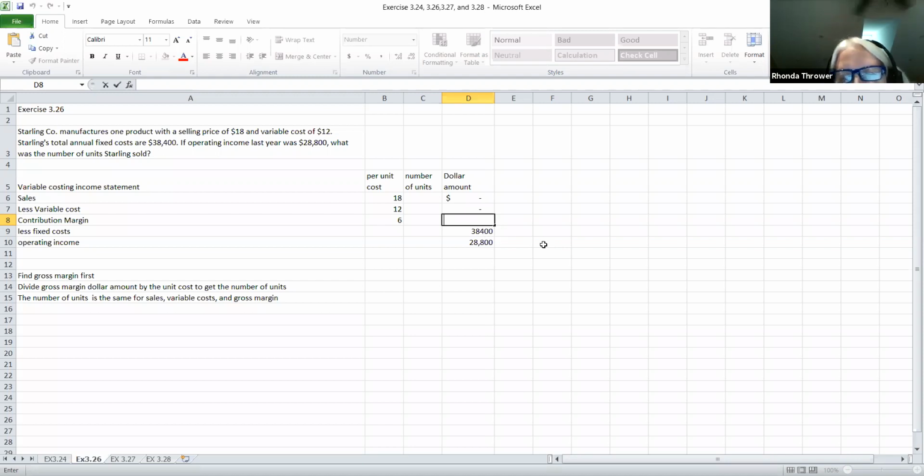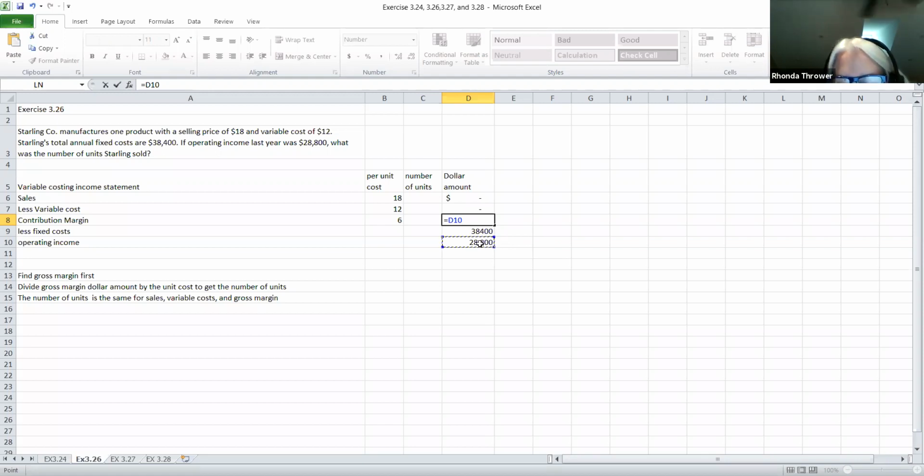What I'm going to do is I'm going to enter a formula for that. So in Excel, you have to put equals to enter a formula. I'm going to click on my operating income. I'm starting from the bottom and working backwards.